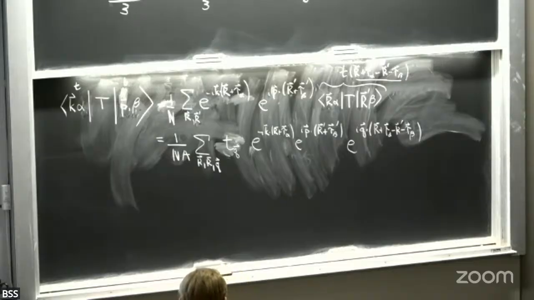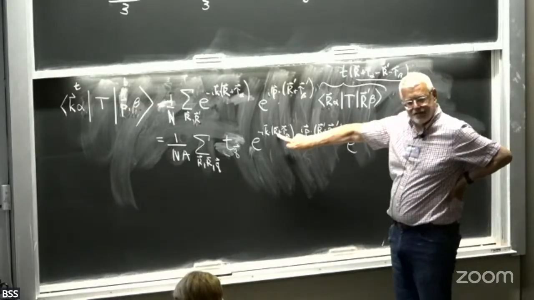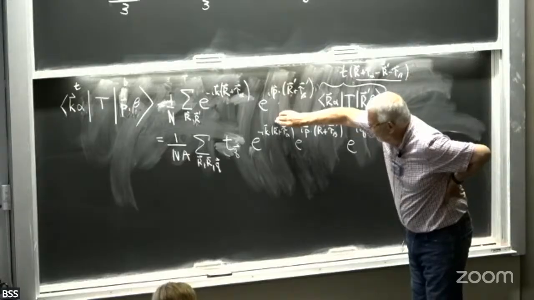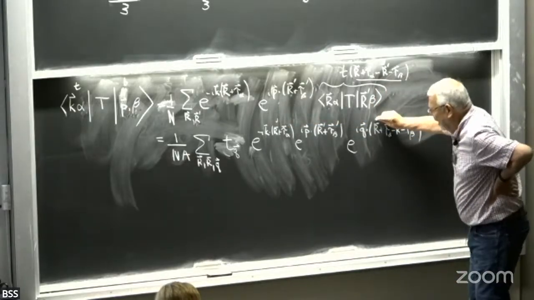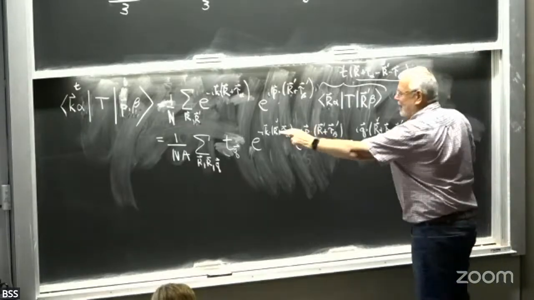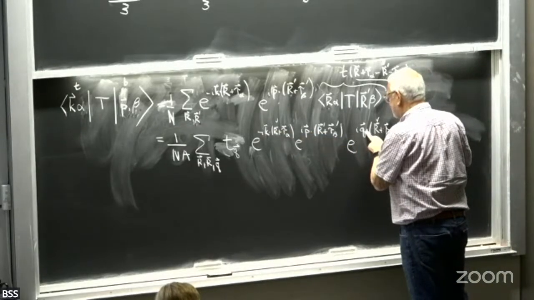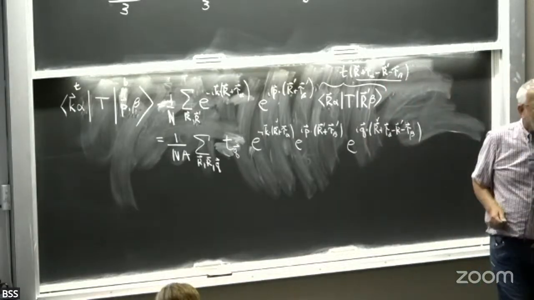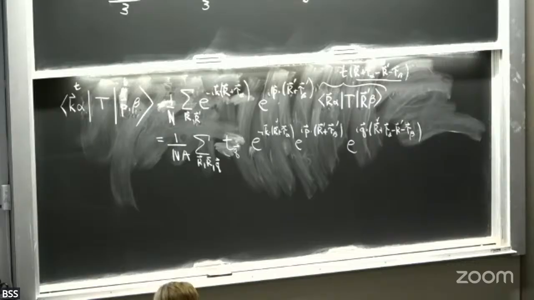And so now I can sum over lattice vectors R. Our lattice vector R appears here multiplied by minus K, and here multiplied by plus Q. And remember, the basic thing you'll learn about Bragg scattering and reciprocal lattice vectors is that the sum over all lattice vectors of phase factors e to the i k dot lattice vector is n, the number of lattice sites, if the wave vector is a reciprocal lattice vector, and it's 0 otherwise.